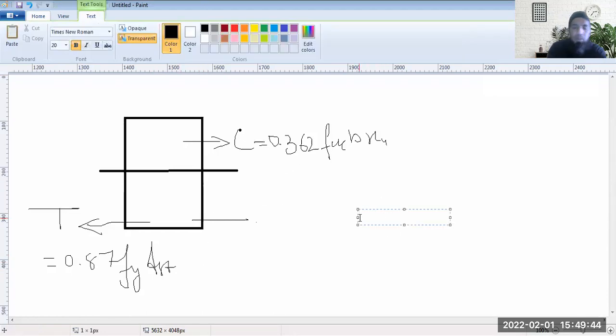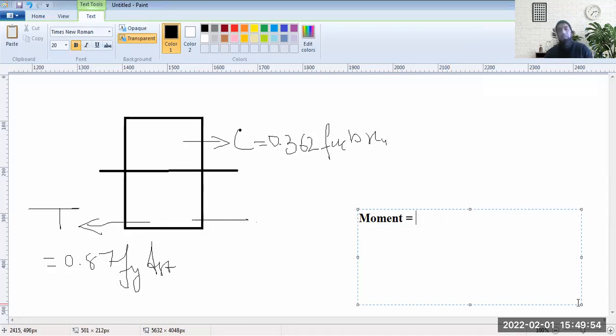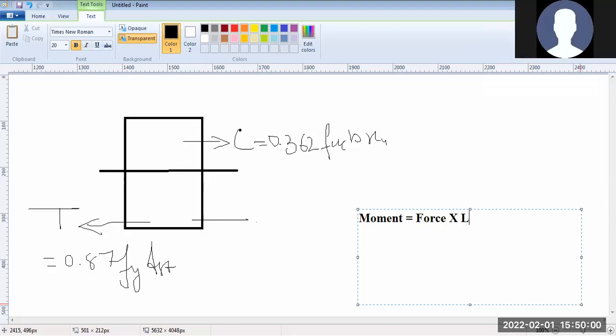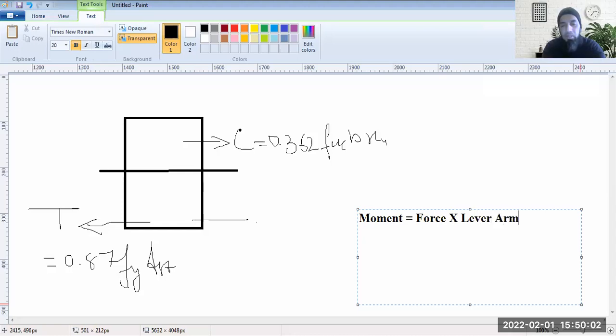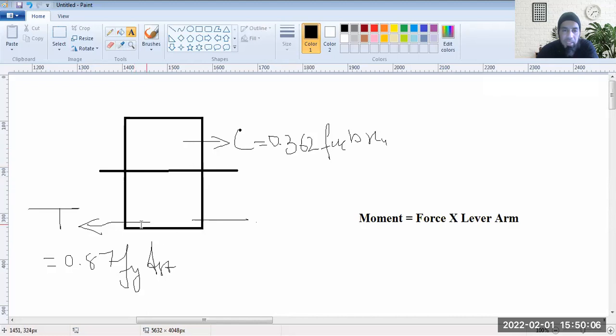Any one of you who knows what the moment is equal to? You must have studied in physics. For a section, what is moment equal to? Force into what? Perpendicular distance. Yes, a lever arm or a perpendicular distance. So both of these are forces.